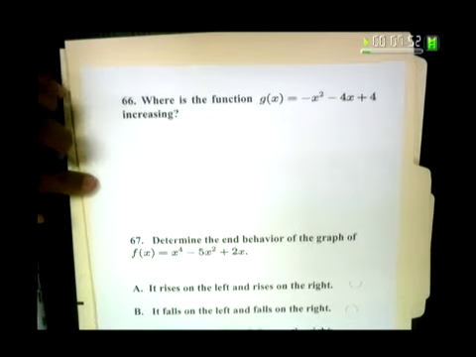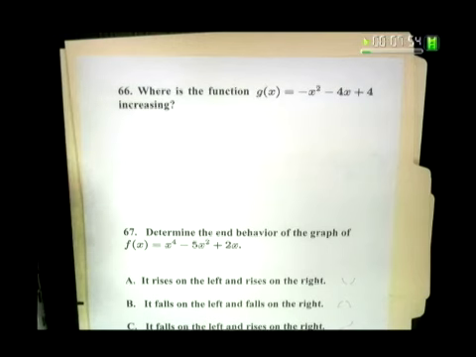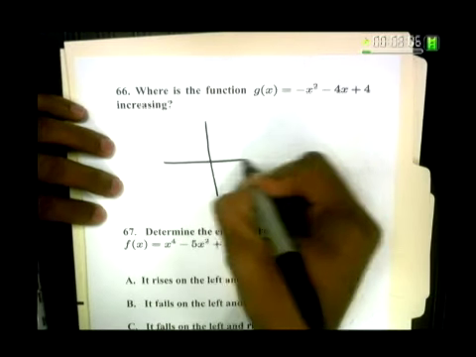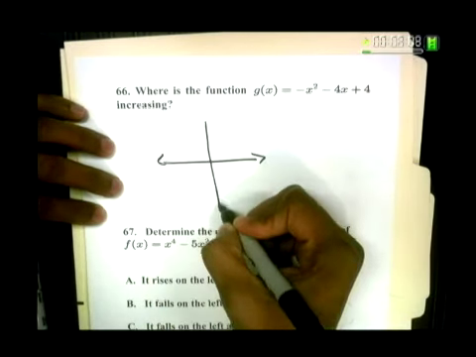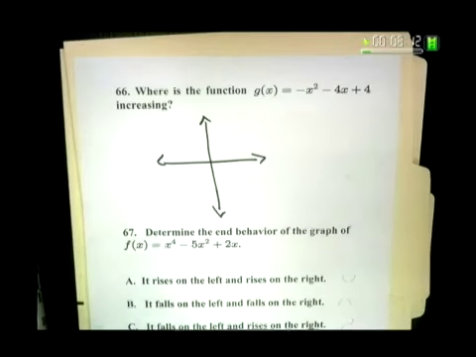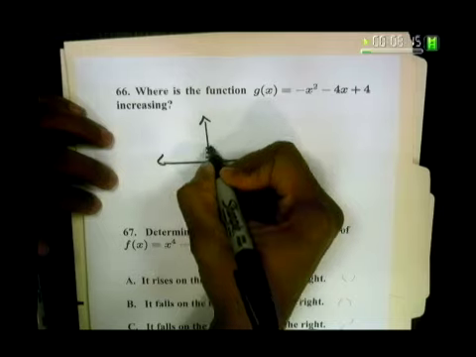Okay, so let's talk about 66. We won't spend a whole lot of time on it. Here you're not really given a picture, so obviously graph it if you need to. One thing you can think about is that this is a parabola. I'm going to graph this for you, just pretend I'm your graphing calculator.